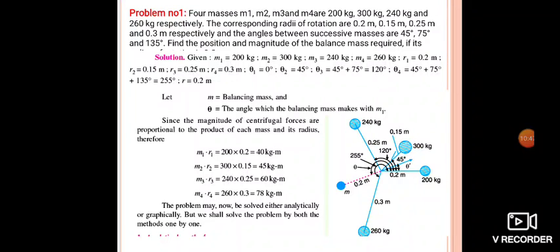First problem: 4 masses m1, m2, m3 and m4 are 200 kg, 300 kg, 240 kg and 260 kg respectively. The corresponding radii of rotation are 0.2 meter, 0.15 meter, 0.25 meter and 0.3 meter respectively, and the angles between successive masses are 45 degree, 75 degree and 135 degree.